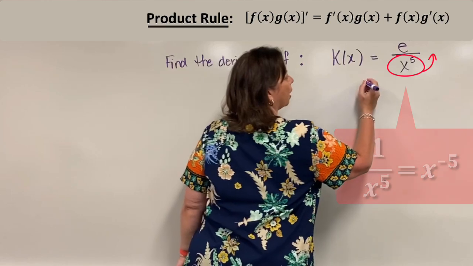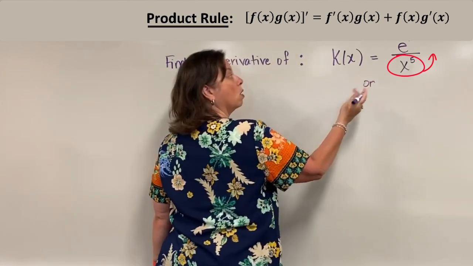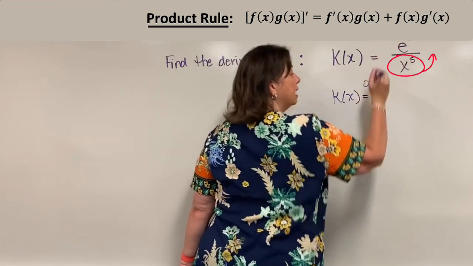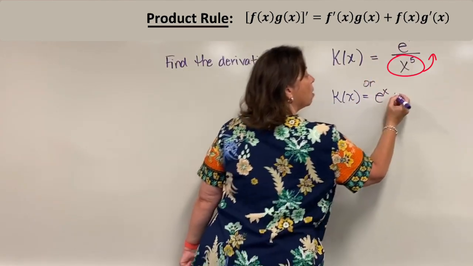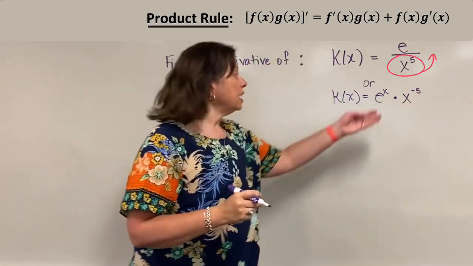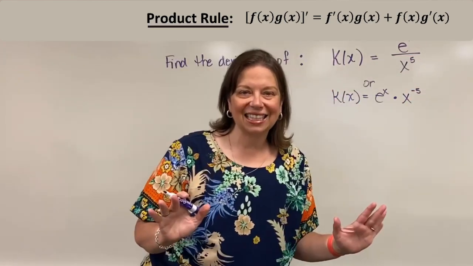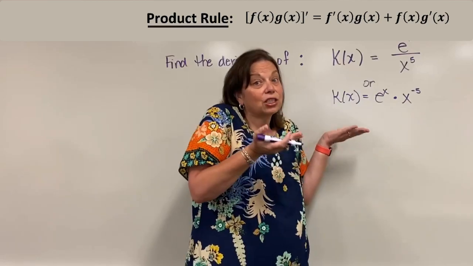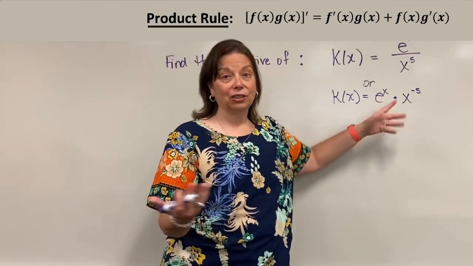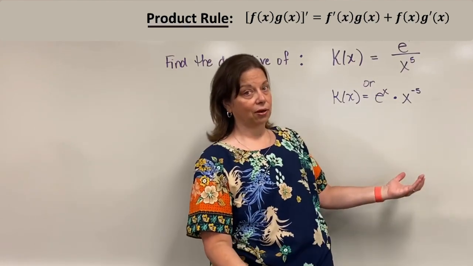So we could write this function as k of x is equal to the e to the x that we already had multiplied by x to the -5 power. These two functions mean exactly the same. They just look different. They're just formatted differently. But by rewriting, I can now actually invoke the product rule to carry this one forward.